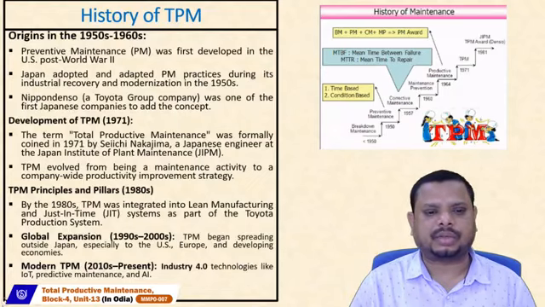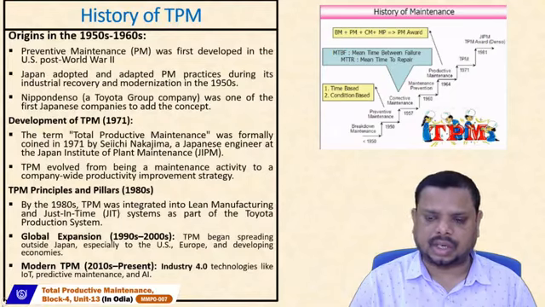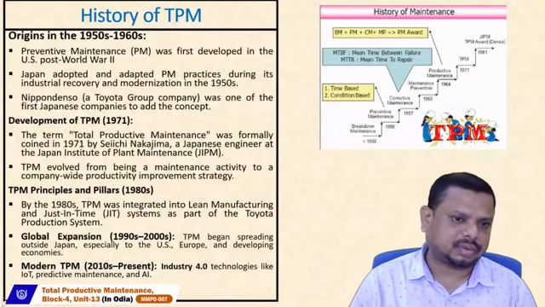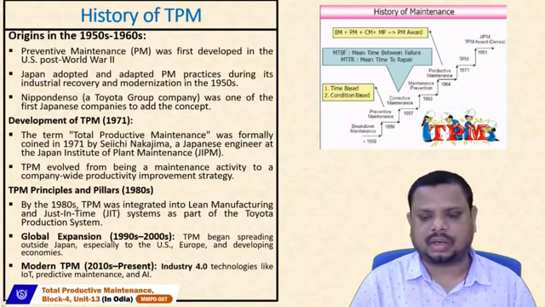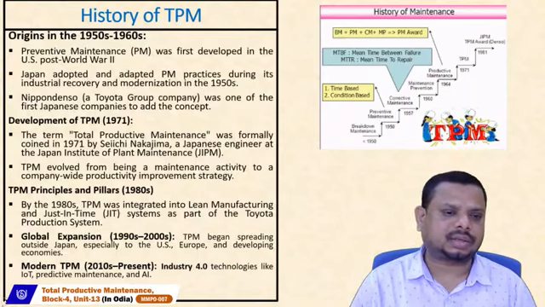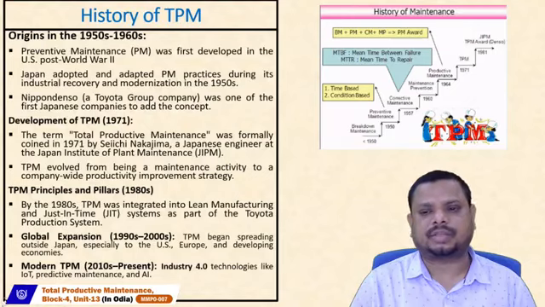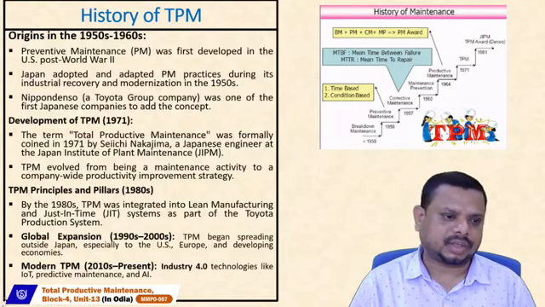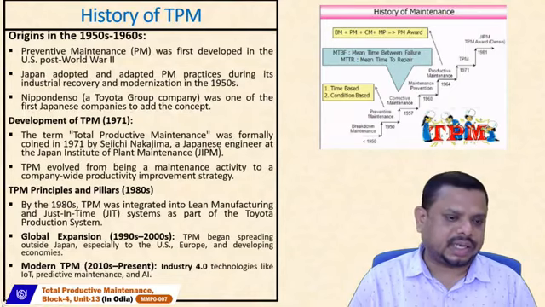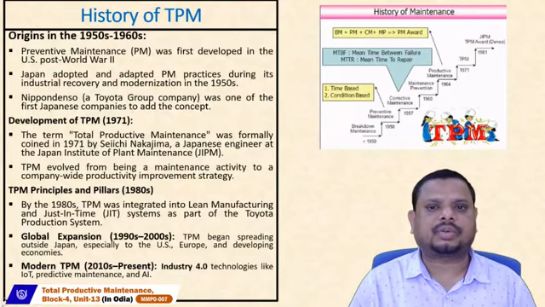The Toyota Group companies were among the first Japanese companies to adopt this concept in their entire production system, so that they can achieve higher product quality, generate less waste, and have fewer defects. They also effectively increase the lifespan of the machines and equipment directly involved in production systems.